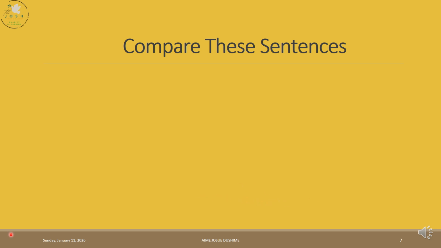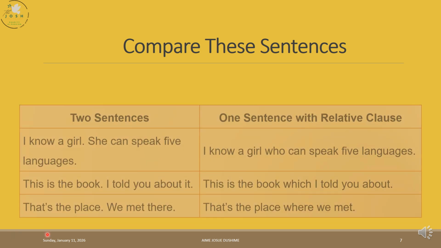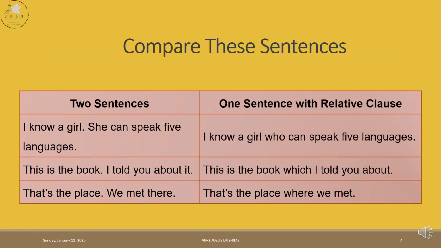Remember, when we are forming these sentences and take a deeper look, we join it using a relative pronoun who, and it is following a noun girl. We have which, and this which follows a noun book. We have where. This where is replacing a place.